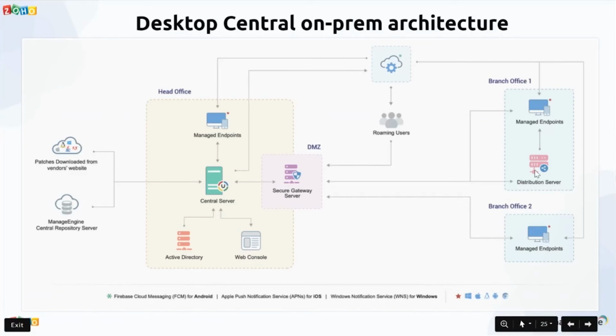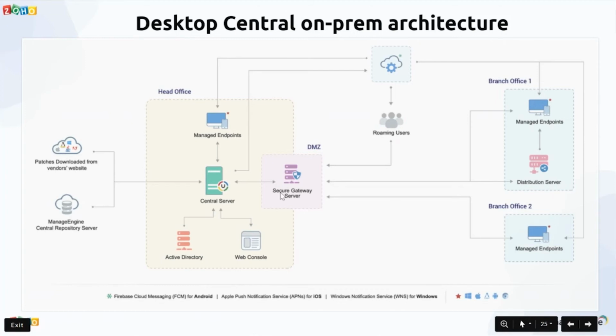It is used to throttle bandwidth for the data traffic between the central server and the remote location. We will talk about it in detail as we go into the training. We can choose to have a machine either directly connected with Desktop Central or with the help of a distribution server. You will be able to manage all the roaming users or mobile devices with the help of Secure Gateway Server.